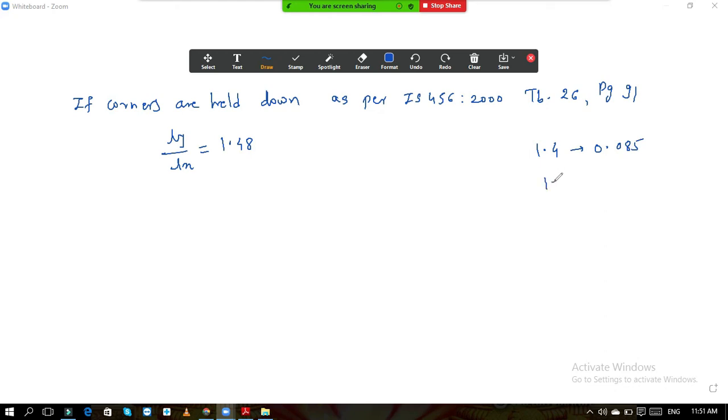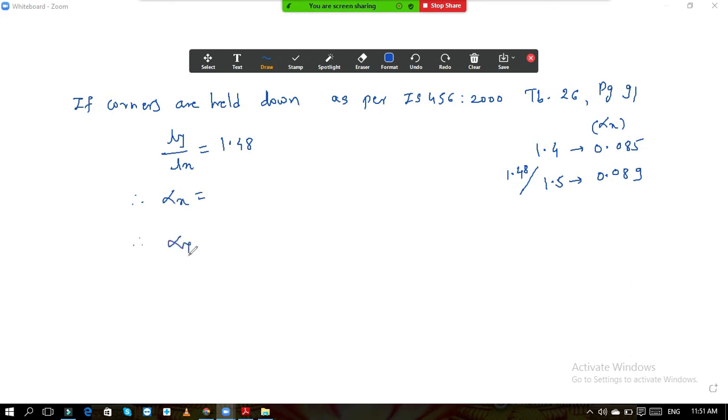You can check. And for 1.5, that value is 0.089. To do the interpolation, we want the value for 1.48. To do the interpolation, you will get the value of alpha x. Therefore, alpha x is equal to.